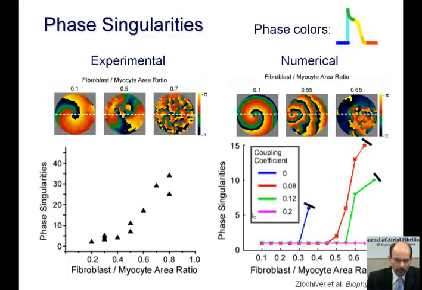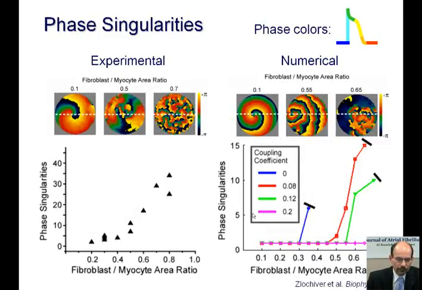However, in the simulations we did something which is very difficult to do in experiment, and that is to alter the coupling coefficient in the fibroblasts. What we can see is that when we increase the coupling from 0 to 0.2, the number of phase singularities increases at a later fibroblast to myocyte area ratio, suggesting that with more coupling we can sustain better organization of activity.